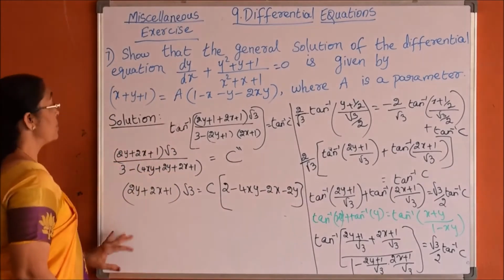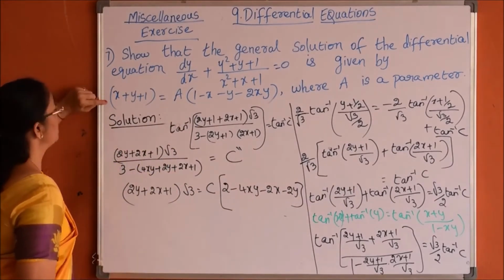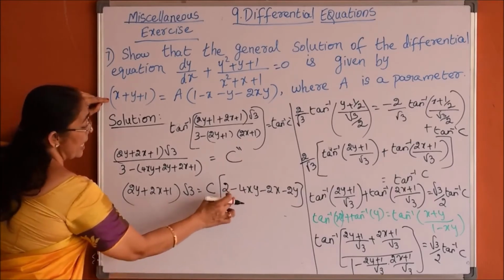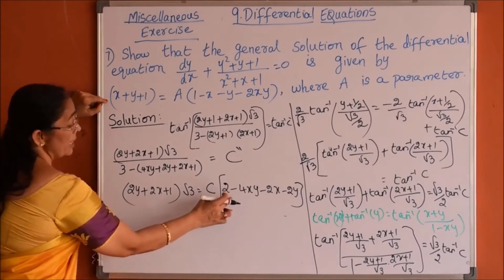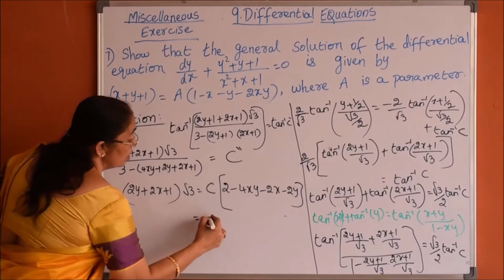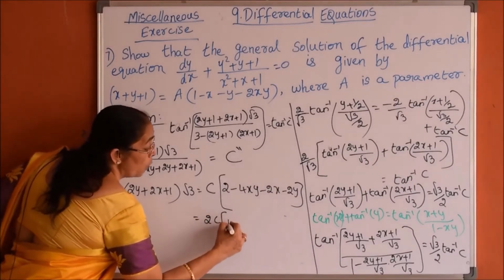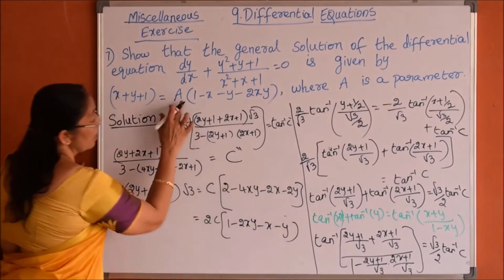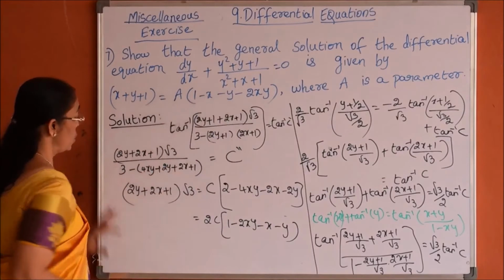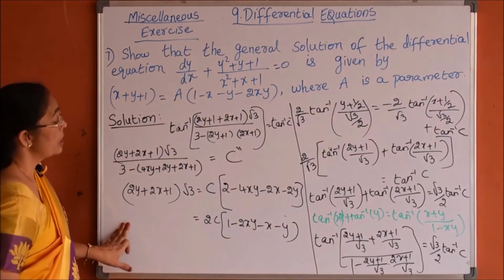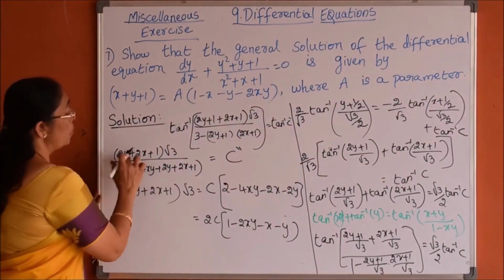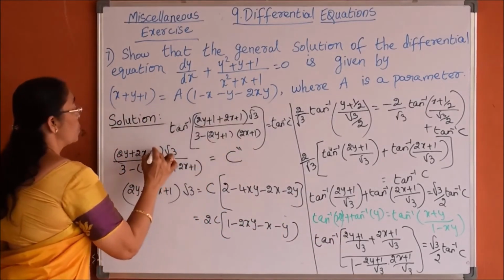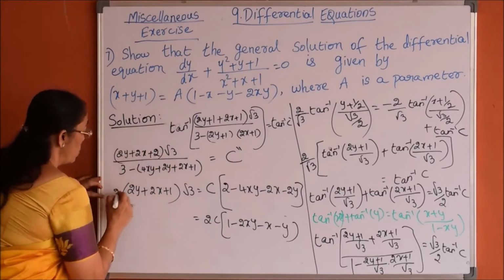So, let me compare this with the solution he has given here, x plus y plus 1. Yeah, we can take 2 common outside from here. So, we will get 2C of 1 minus x minus y minus 2xy. Now, on this side, 2x plus 2y plus 1 plus 1 is 2, so we can take 2 common outside from this as well.